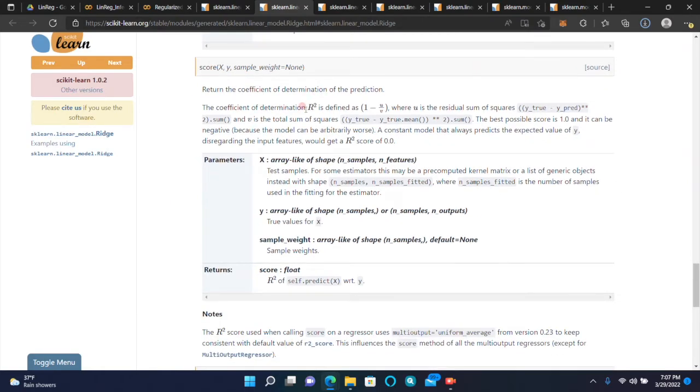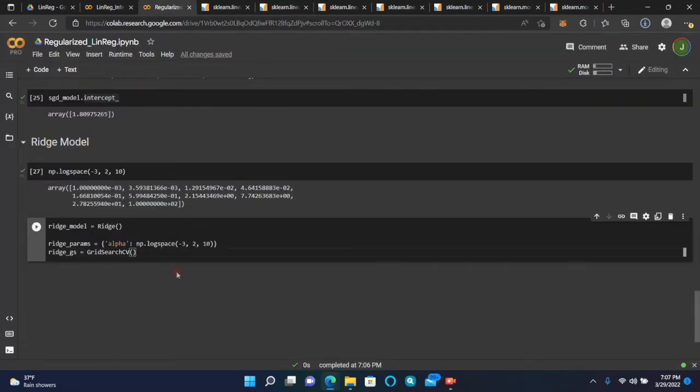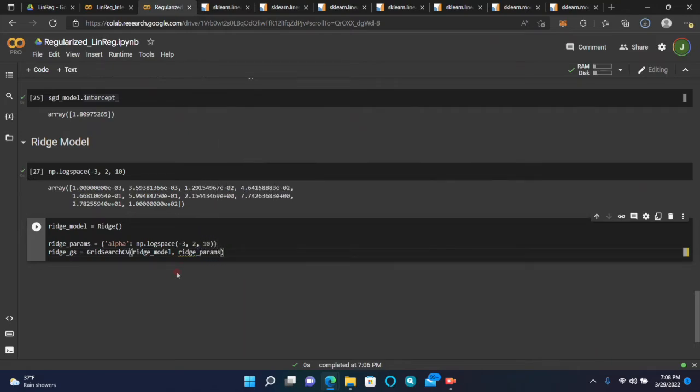There we go. It's using r squared. Interesting. Okay, good. So we'll need an estimator, which is our ridge model, and then we need a param grid, which is the ridge params. And go ahead and make that.